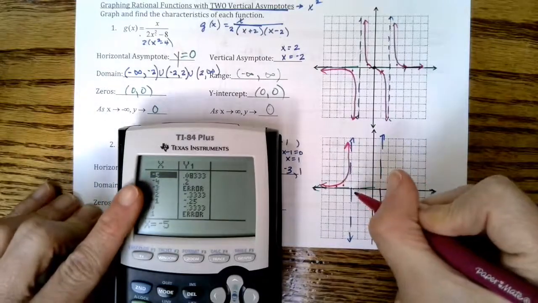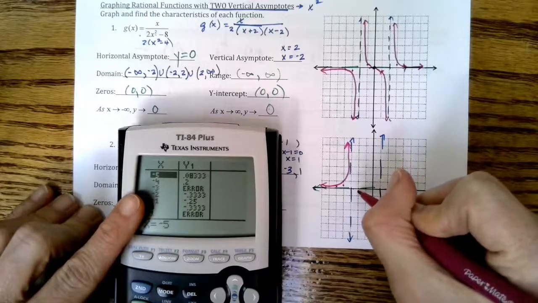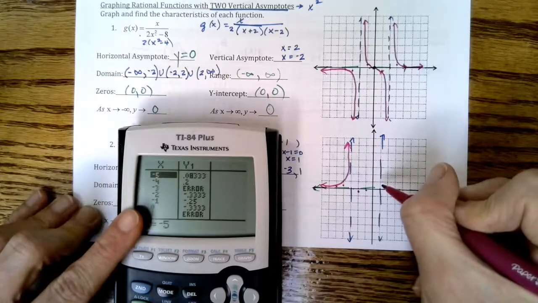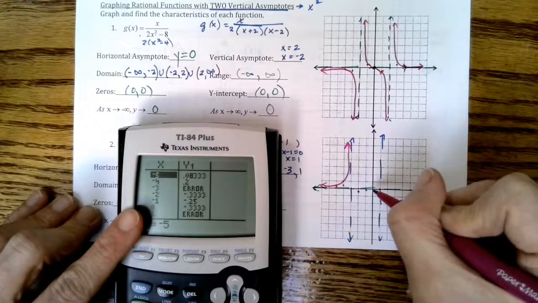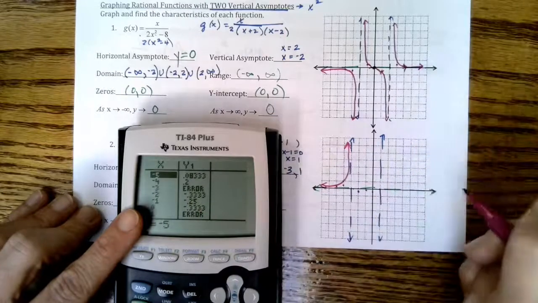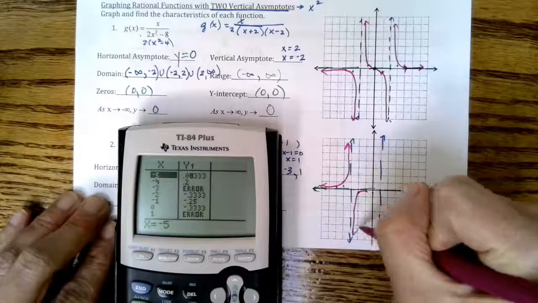Negative 3 is an error. Negative 2 is going to be negative, and negative. And it's interesting when we see this, it's a little bit of a quadratic relationship where I have this curve that ends up happening like this.